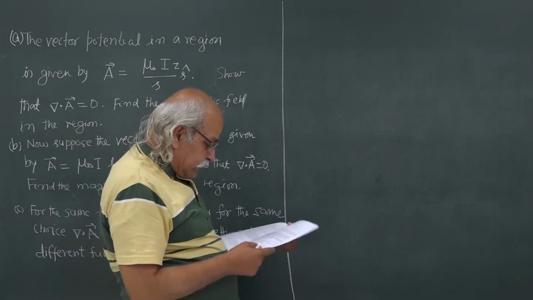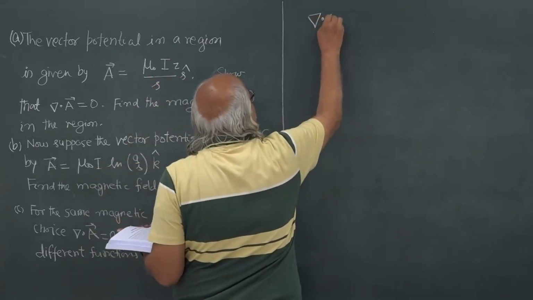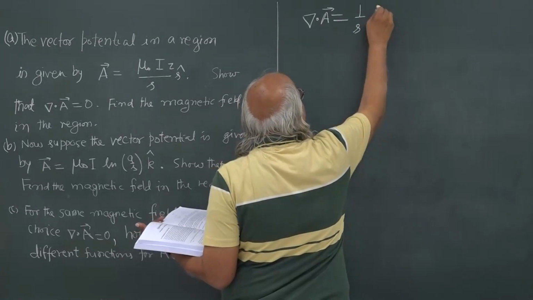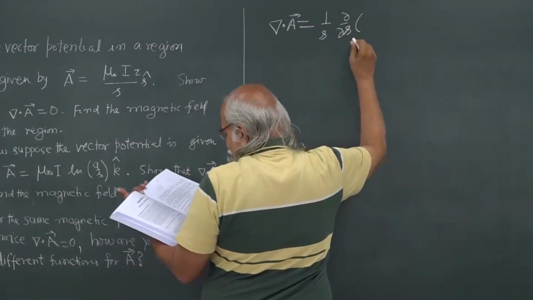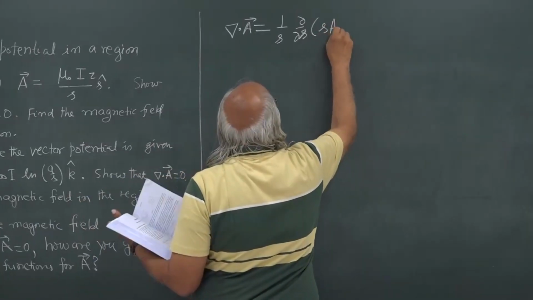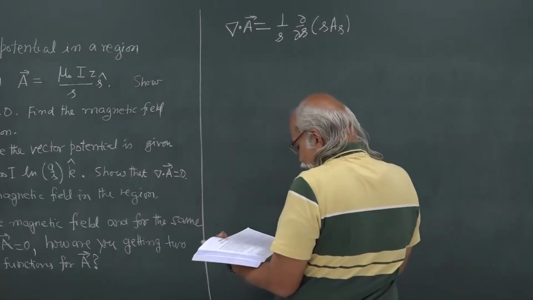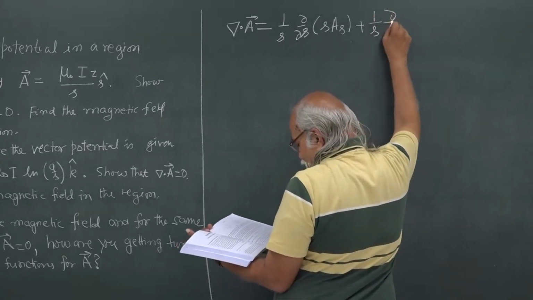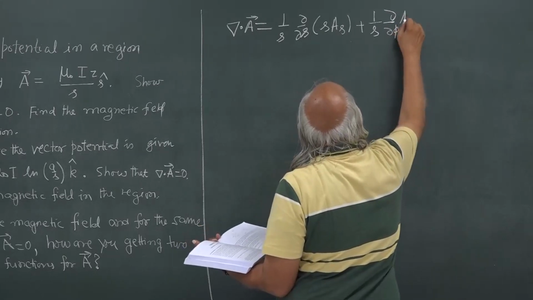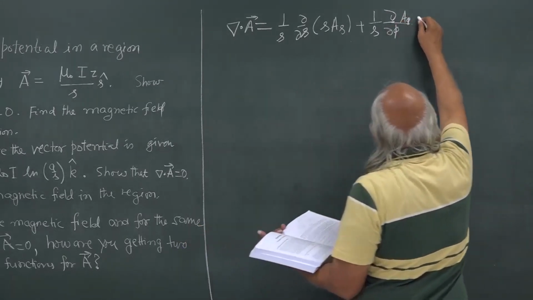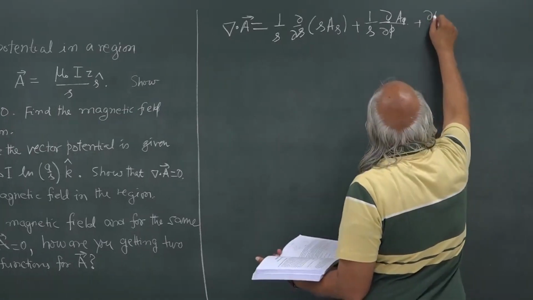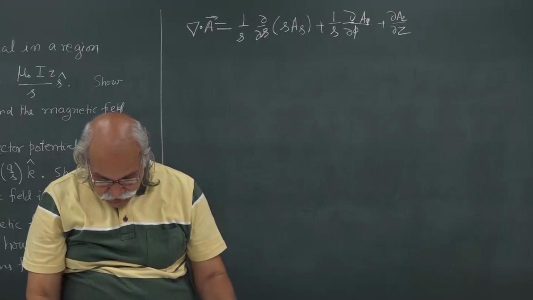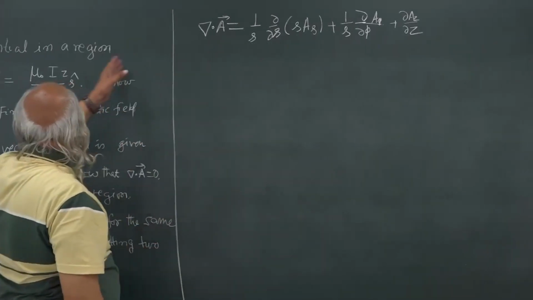This is in cylindrical coordinates, divergence of A is equal to 1 over S, del S of S A_S, plus 1 over S del phi of A_phi, plus del A_z over del z.